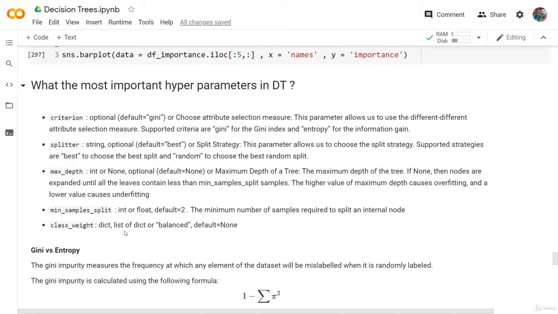We can also force this weight ourselves using a dictionary. So in this dictionary, for the first class we want a weight of 0.9, and for the second class we want a weight of 0.1.